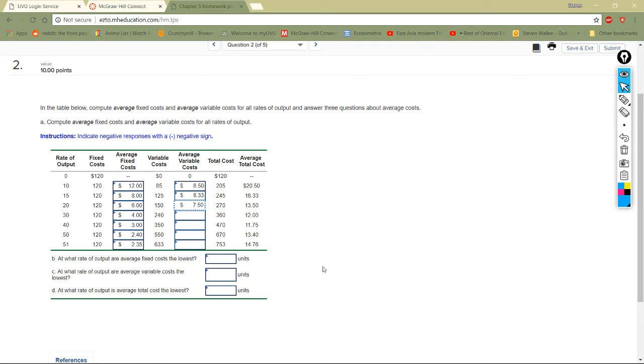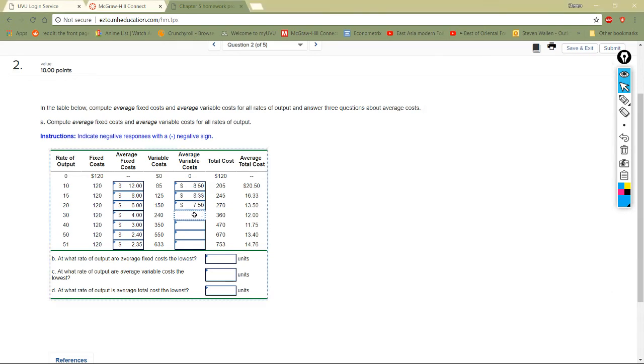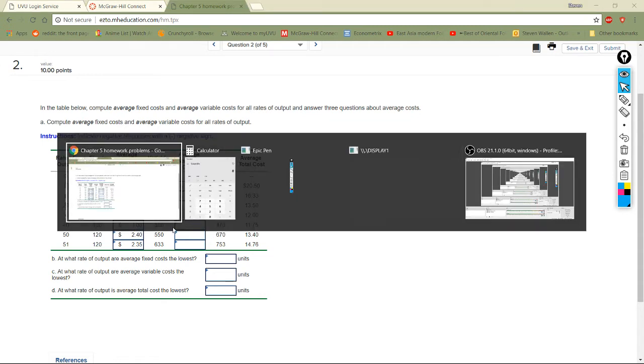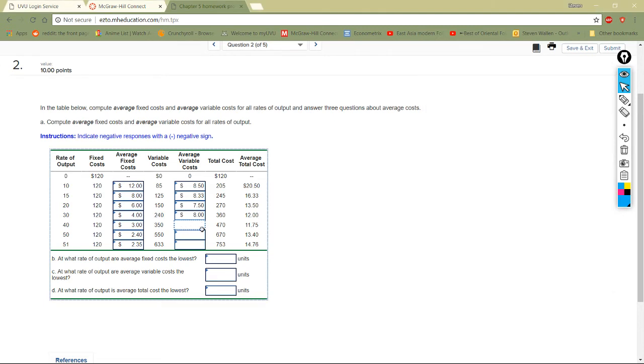And you just keep going. This time we're going to have 240 divided by 38. 350 divided by 40. 8.75. And then I have down here 550. This is where it's going to get interesting. 550. And look at the pattern.